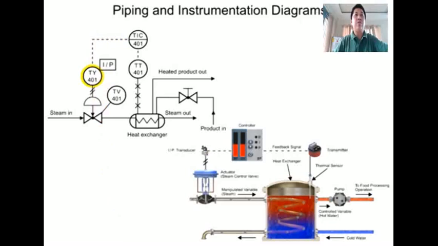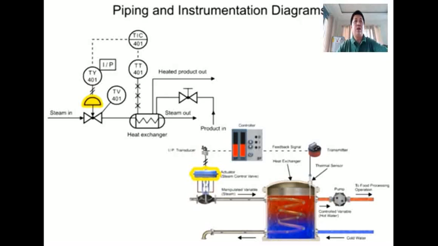So your IP transducer is highlighted in the diagram. So that is your IP transducer. Your IP transducer will send electrical energy to your actuator, which is your steam control valve. So from your steam control valve, now your steam control valve is working.